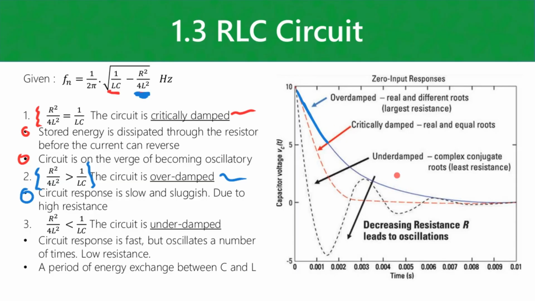If we take a look at the graphs here, all of them are plotted time versus amplitude. In this case we're looking at the capacitor voltage, the output across the capacitor. We basically have a step change, so let me explain this.